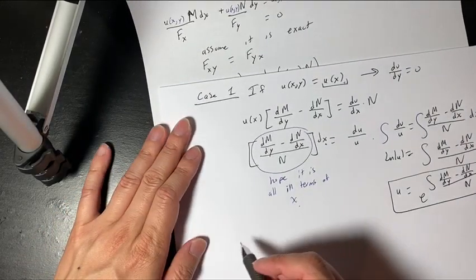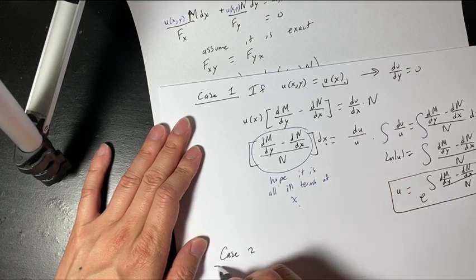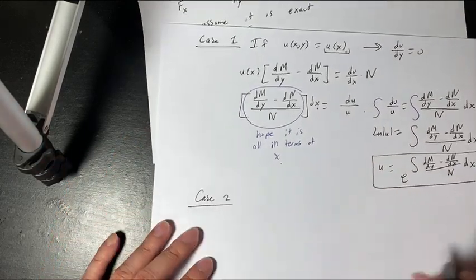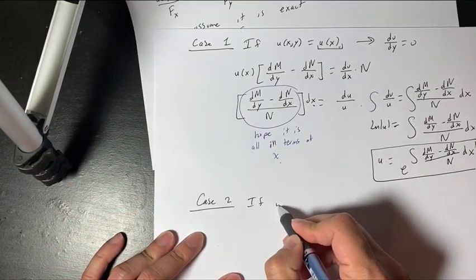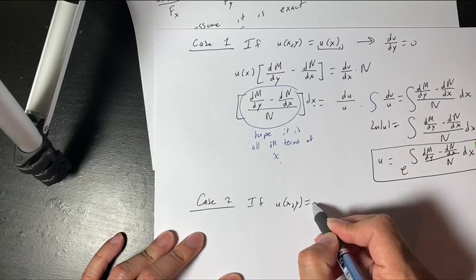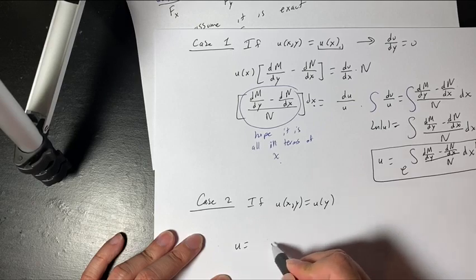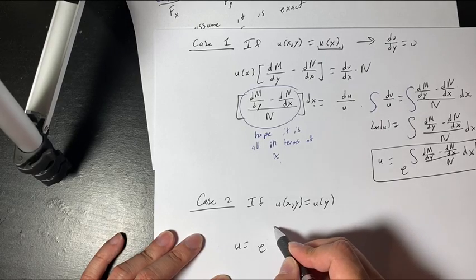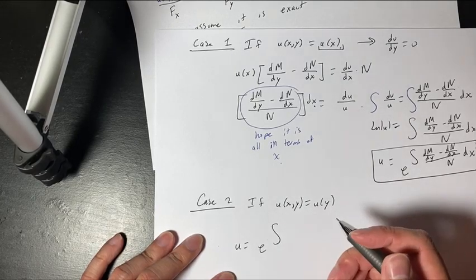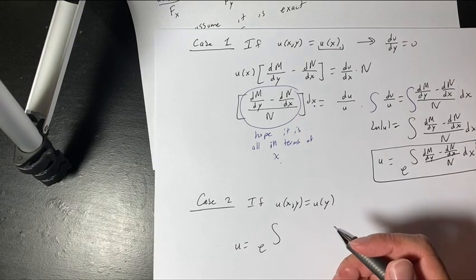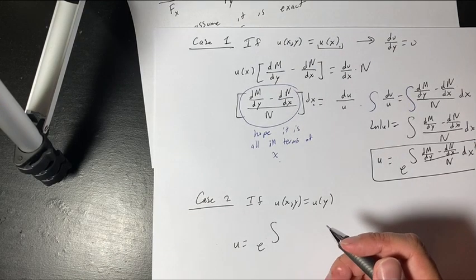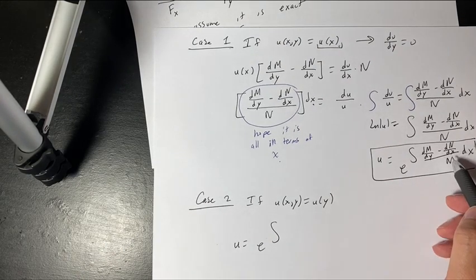And that's how we're going to retrieve back our x. Case 2, and I'll let you guys show this yourself. If you assume u of x, y to just be simply in terms of y, you get u is e to the integral of, and I'm going to cheat, I'm going to look in the book. But it's exactly just this.